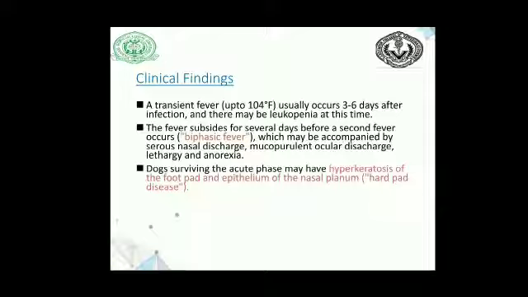It is termed biphasic fever, which may be accompanied by serous nasal discharge, mucopurulent ocular discharge, lethargy, and anorexia. Now, the dogs surviving the acute phase may have hyperkeratosis of the foot pad and epithelium of the nasal planum, so it is known as hard pad disease.